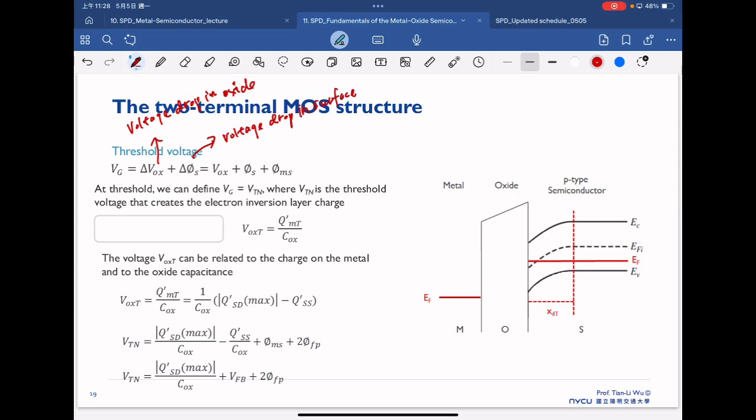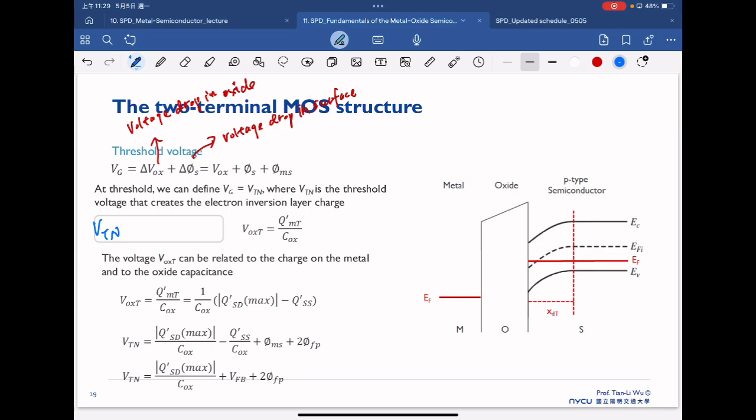So at the threshold point, we can define our V_G equal to V_TN, where V_TN is the threshold voltage that creates the electron inversion layer charge. So at this condition, V_TN is the voltage at the threshold point. So we now replace V_G equal to V_TN.